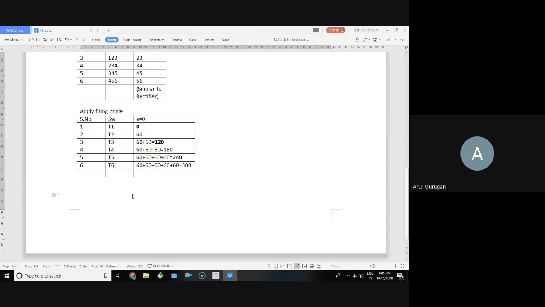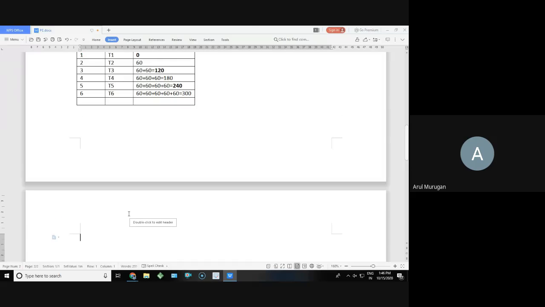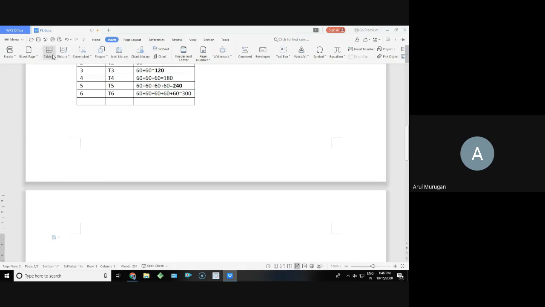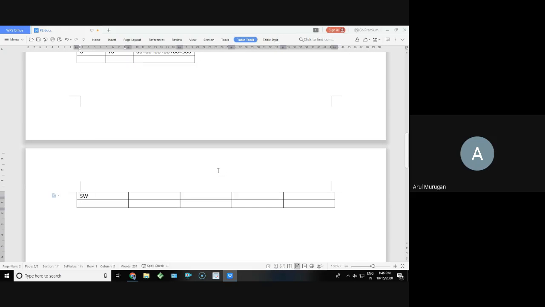One more differentiation is also available, which I will teach you: the top switch and the bottom switch. The top switches are T1, then T3, then T5.